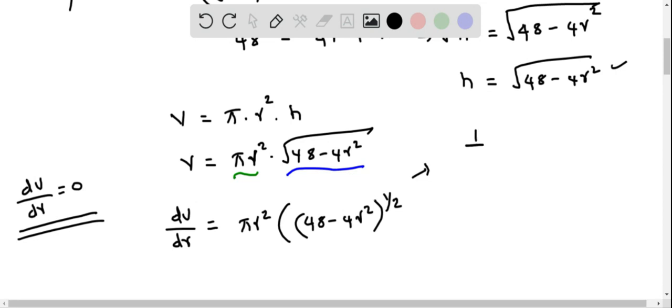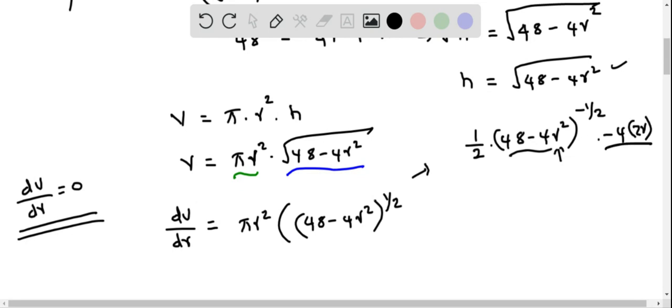This will be 1 by 2 times 48 minus 4r squared, raised to 1 by 2 minus 1, which is negative 1 by 2, and then apply the chain rule to find the derivative of the inside part. The derivative of 48 is 0, and the derivative of negative 4r squared is negative 4 times the derivative of r squared, which is 2r.